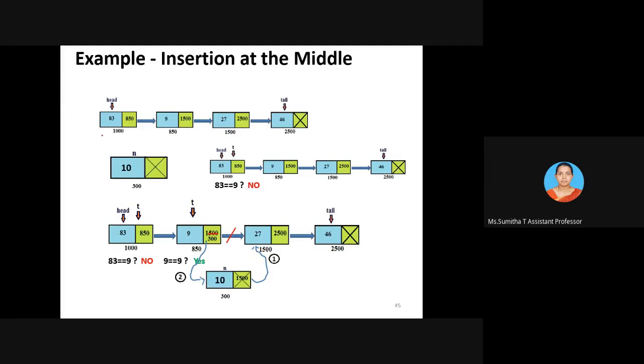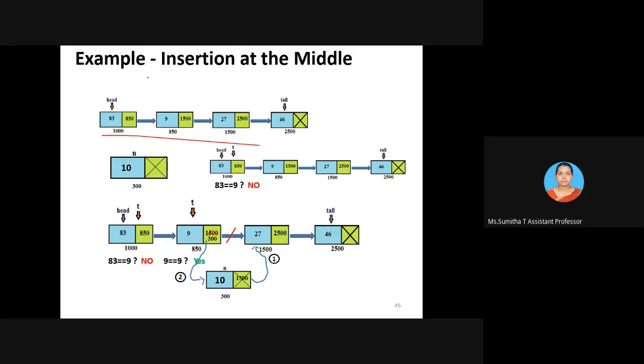This first diagram shows my linked list. I have 4 nodes with values 83, 9, 27, 46. 83 is the head node and 46 is the tail node. This is the input.